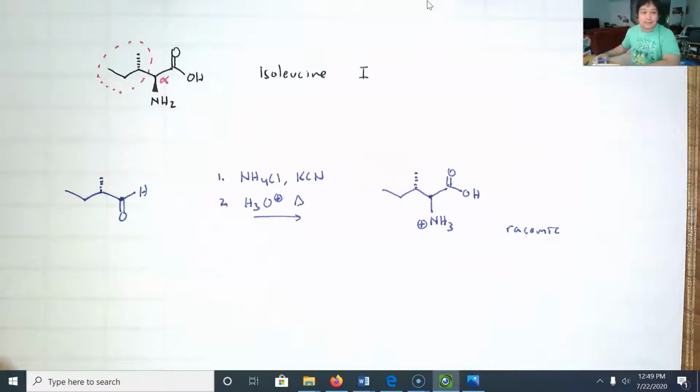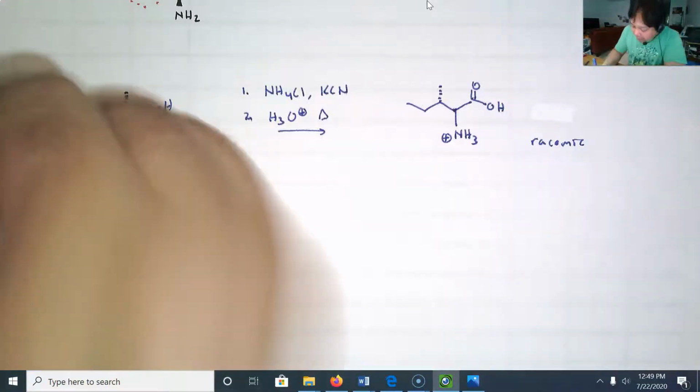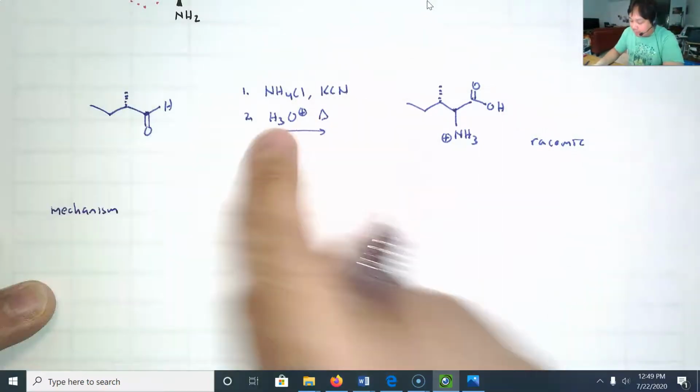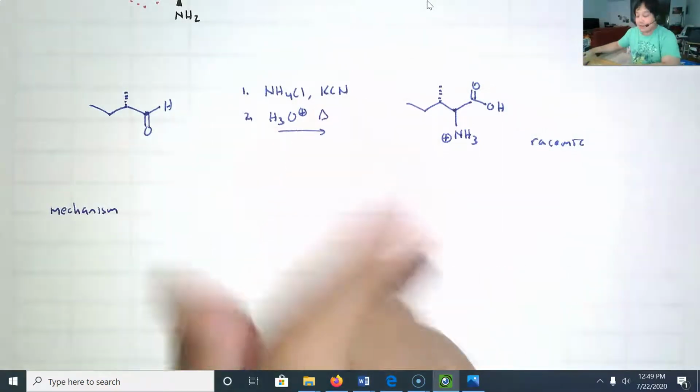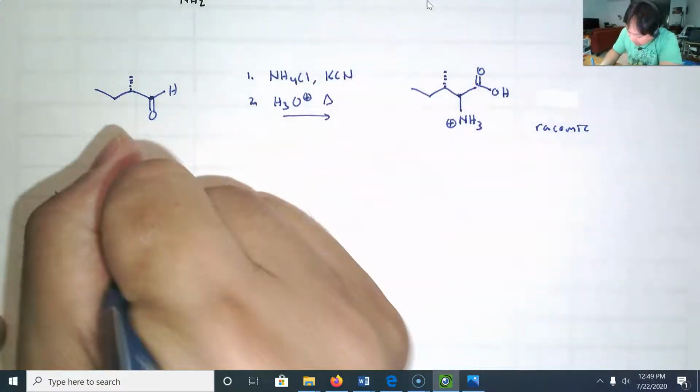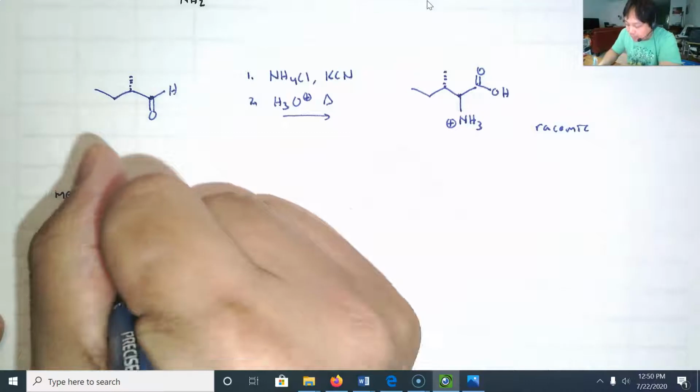Shall we go through the mechanism? Let's see how far we get. I'm still debating whether I'll draw the mechanism for the hydrolysis of the nitrile, but it'll be worth showing the mechanism up to the imine.